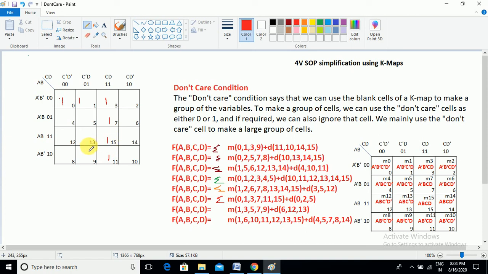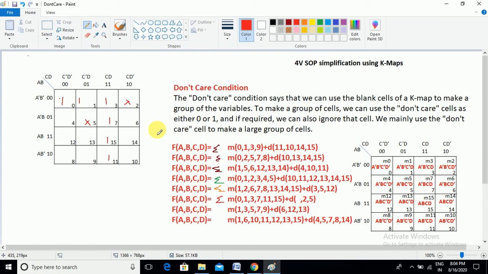After that 0, 2, or 0 is repeated, I am removing this. 2, 5. 2 and 5. Okay, let us go to the easy grouping.